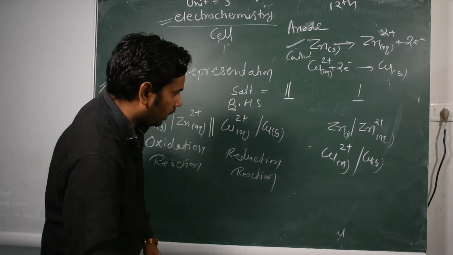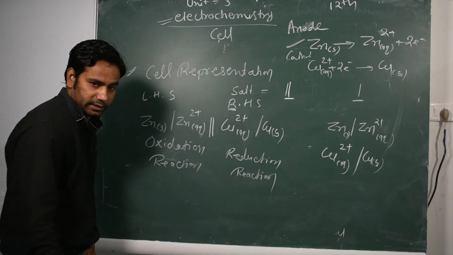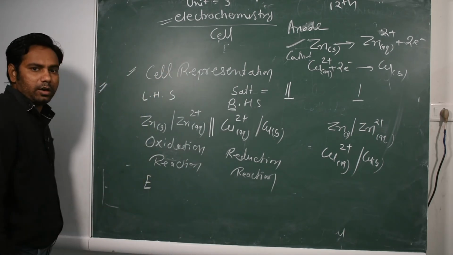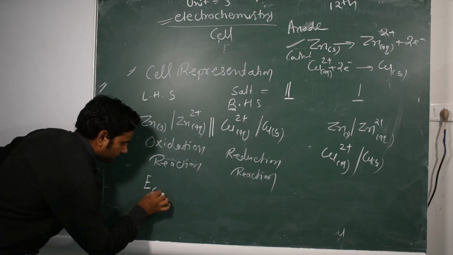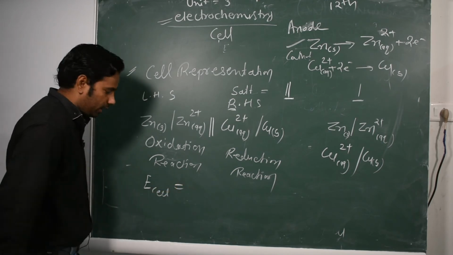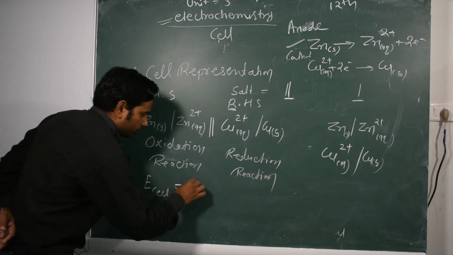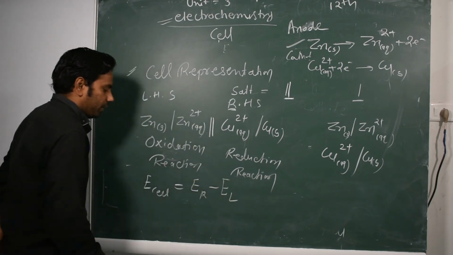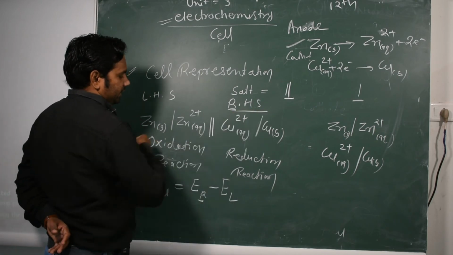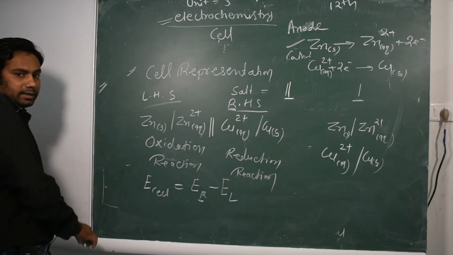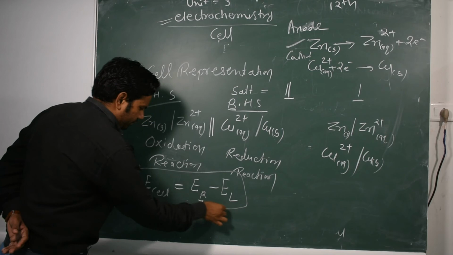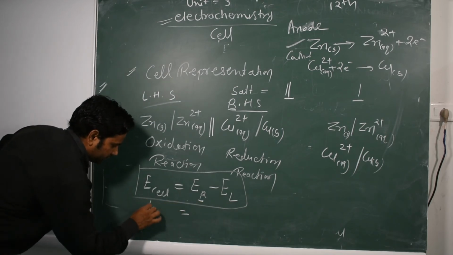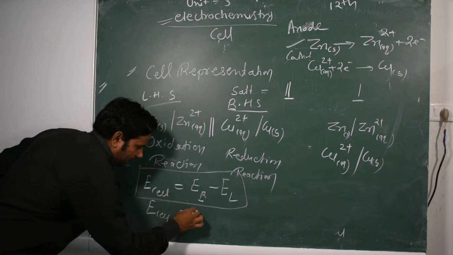Next, according to this cell representation, we find the electrode potential or EMF of the cell. We have one formula: E cell is equal to E R minus E L. R means the RHS side, L means the LHS side.